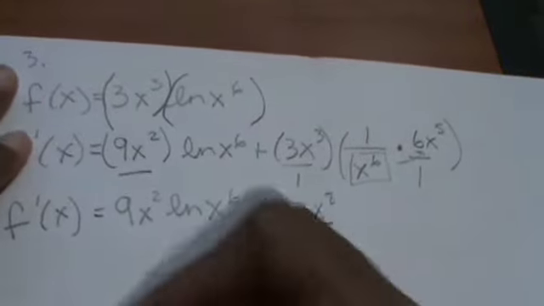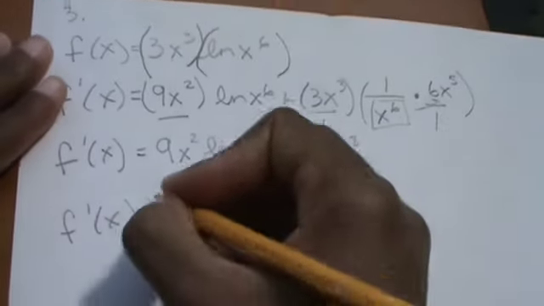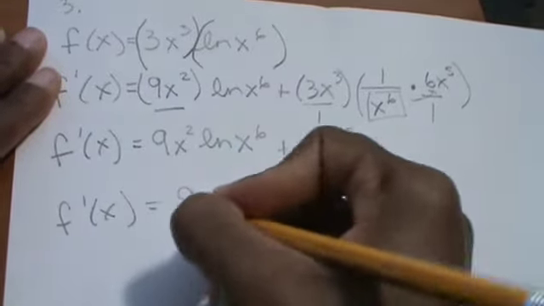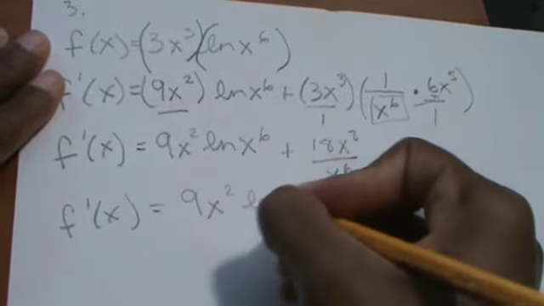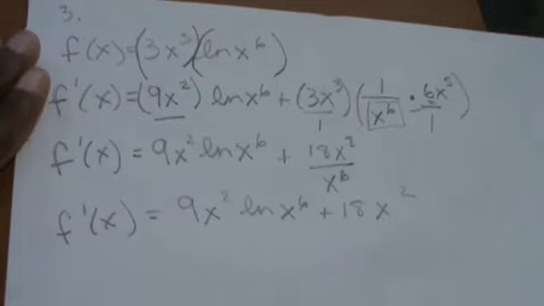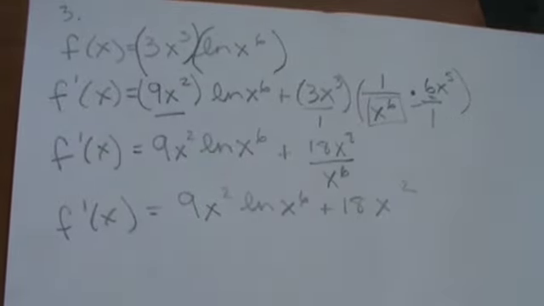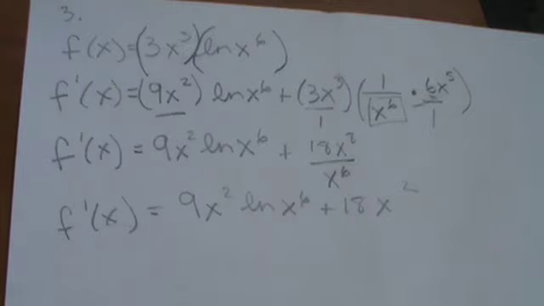Alright, so we're almost there. So then f prime of x then equals 9x squared natural log of x to the 6th plus 18x squared. Okay, of course you could factor out a 9 and an x squared out of both of those pieces. That would be perfectly legitimate also. Okay, so there are other examples of the product rule, namely problems 8 and 10 are product rule also.